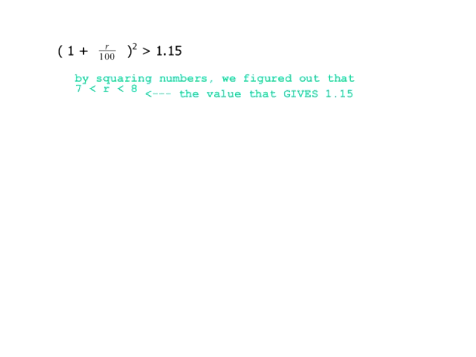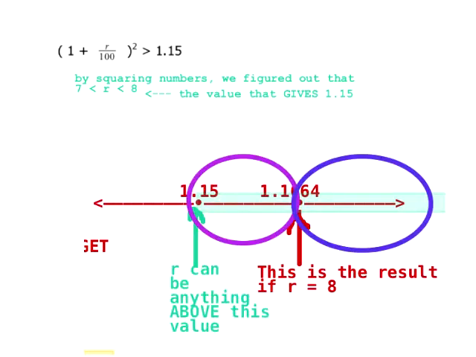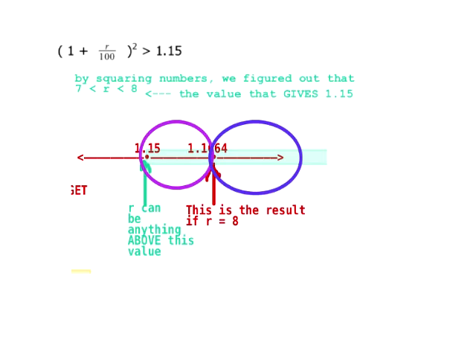So this is just the same sort of thing that we did. Once you realize that, it's the same realization we made on the previous page. This value of R is going to be the threshold value of R. It's an inequality, not an equation. So R between 7 and 8 is not the R's that solve this, but the point is that this is actually a single R in that range.